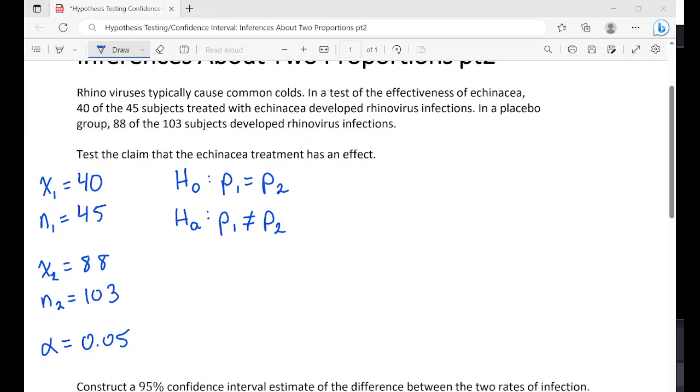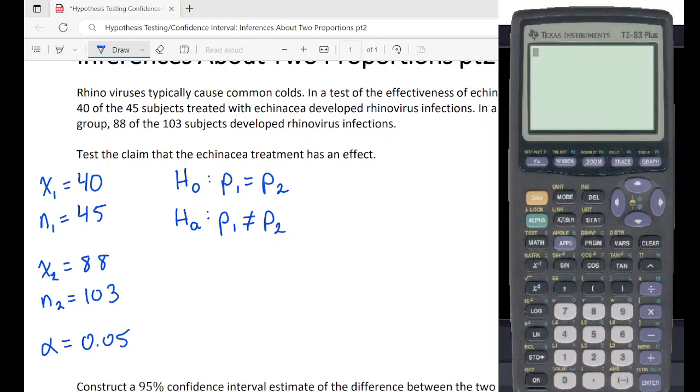Now that we have all this information, we're going to plug it into the calculator and do our test. So here's our calculator. And since we're dealing with two proportions, we're going to go to Stat, Tests, and 2-PropZTest, two proportion tests. And we're going to key in our information, which is just as we have written over here. So 40, 45, 88, and 103.